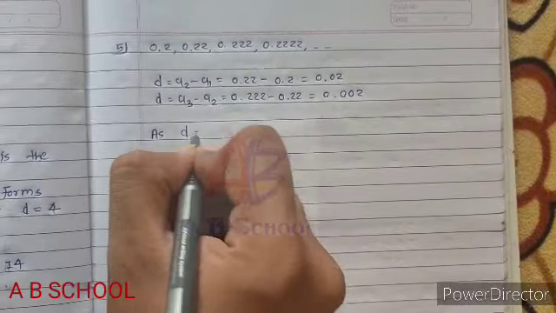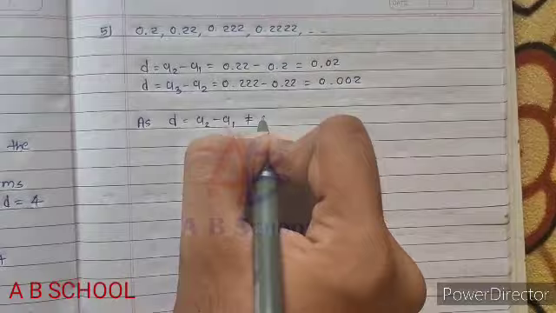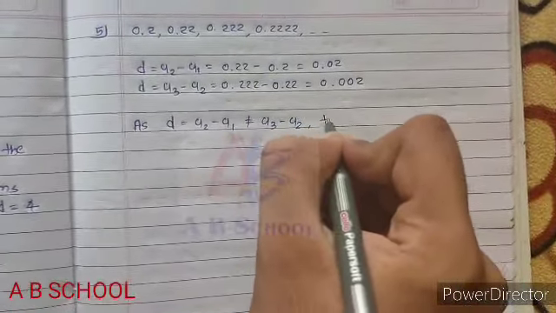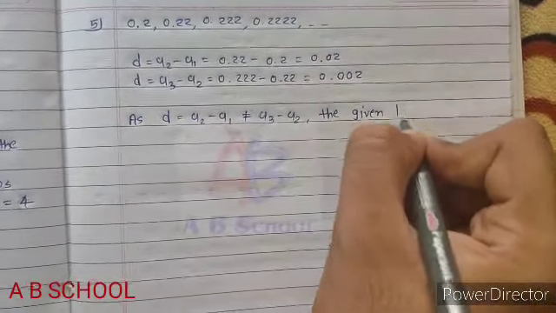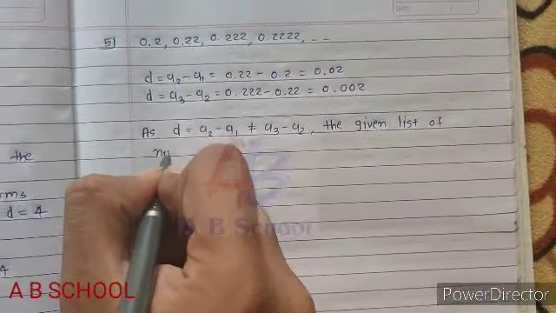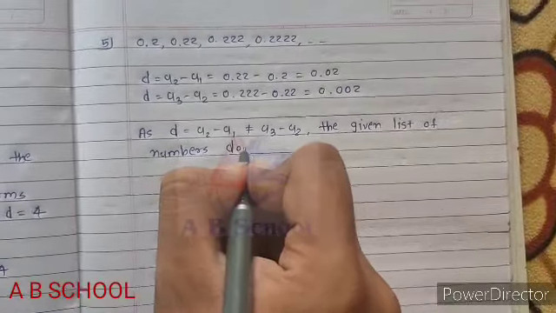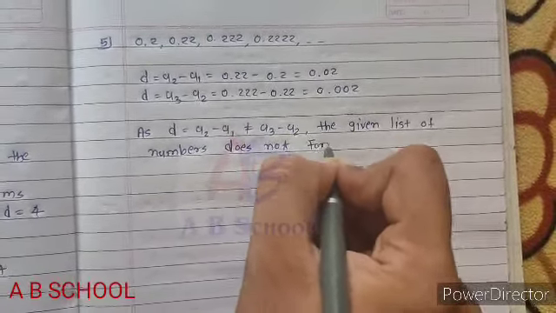As D is equal to A2 minus A1 is not equal to A3 minus A2, the given list of numbers does not form an AP.